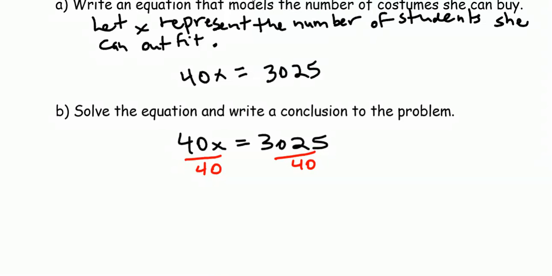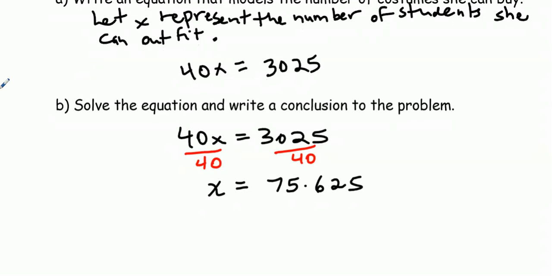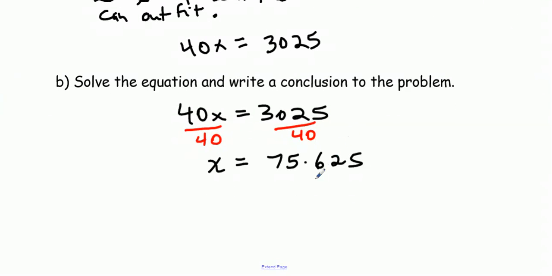Now, as I recall, X is going to equal 75.625. So, the question now becomes, do I round the 75 up to 76? Normally, if we were required to round to the nearest whole number, we would be looking at the number after the decimal.